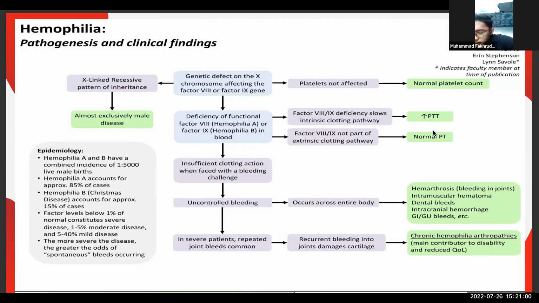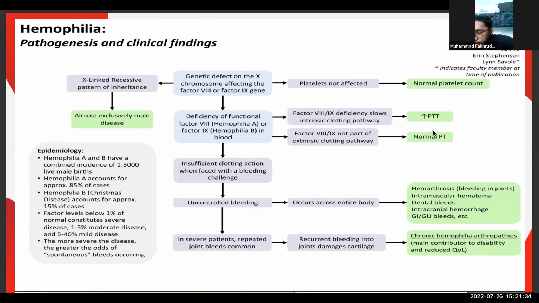As I showed in the slide just now, factors 8 and 9 are involved in the intrinsic pathway, so the PTT test will increase. The PTT test is a test to assess the integrity of the intrinsic and common pathway, so it will increase in this patient.